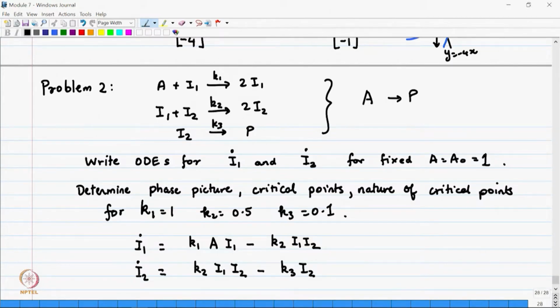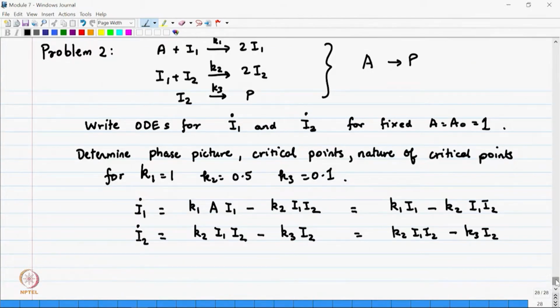And if A is equal to A0 equal to 1, then this looks like K1 I1 minus K2 I1 I2, and this looks like K2 I1 I2 minus K3 I2. So, this is the first thing, that you have to write the ODEs for I1 dot and I2 dot at fixed A equal to A0 equal to 1.